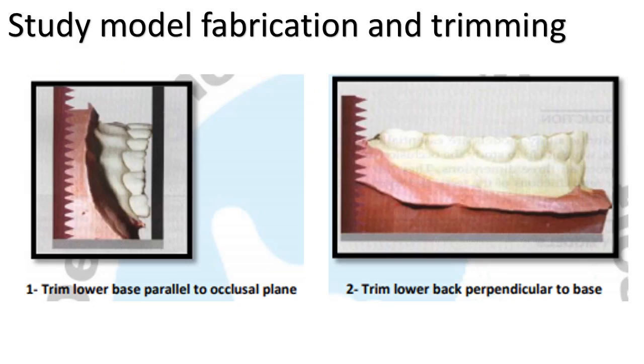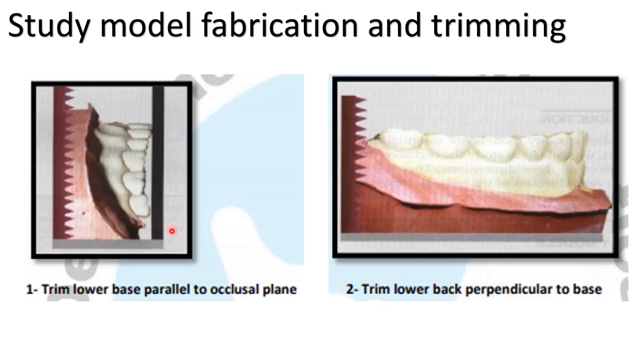Study models should be trimmed in different ways and in different parts. In sequence, we first trim the lower base parallel to the occlusion. This is the lower base. And then we trim the lower back perpendicular to the base.